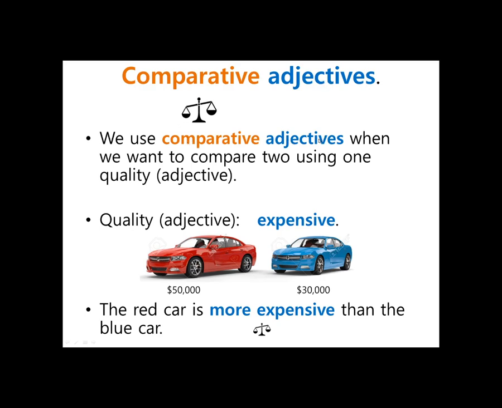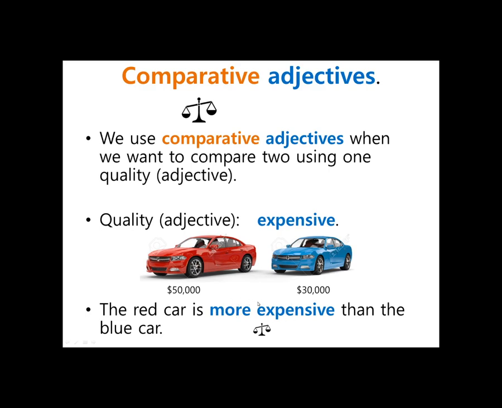Comparative adjectives are used when we want to compare two things using one quality, one adjective. So have a look here. We have a red car and it's $50,000 and a blue car which is $30,000. So using the adjective expensive, we change this to be more expensive.